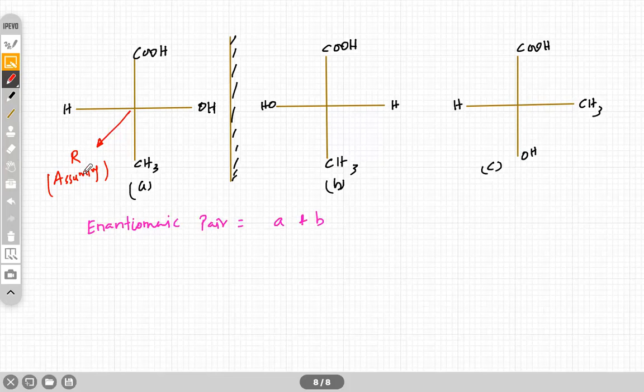This won't affect your answer. If this is R, then what is the configuration of this one? By looking at the exchange, H and OH are getting exchanged. This must be S, yes or no? If this is R, this must be S. And what about this one? Tell me.